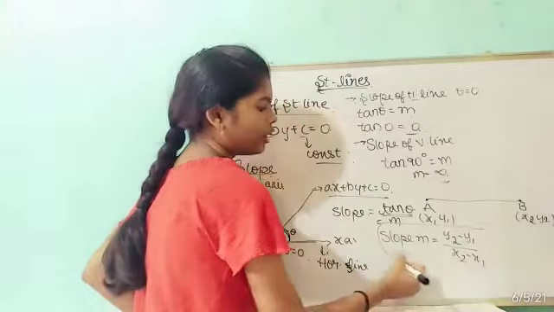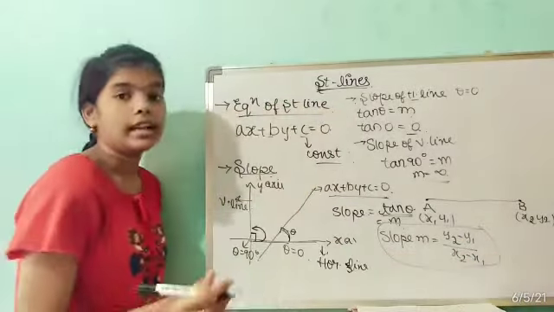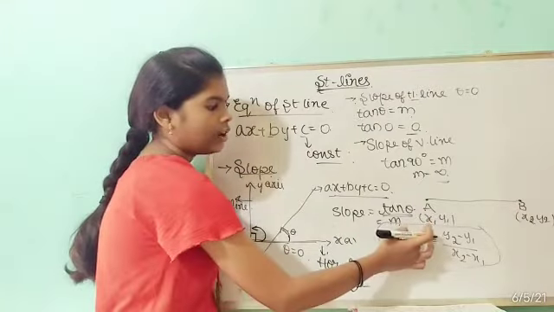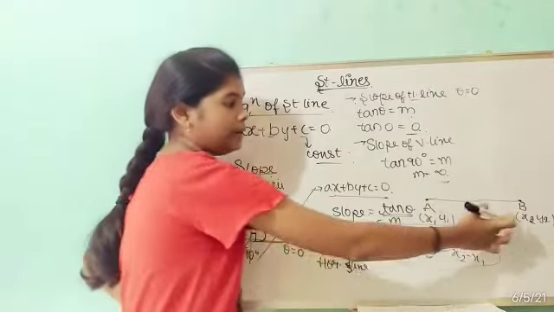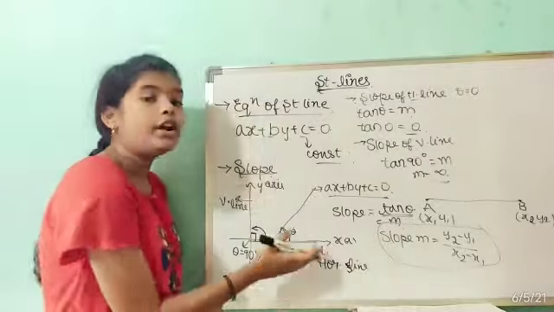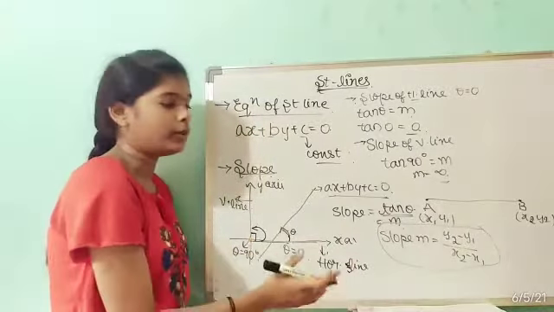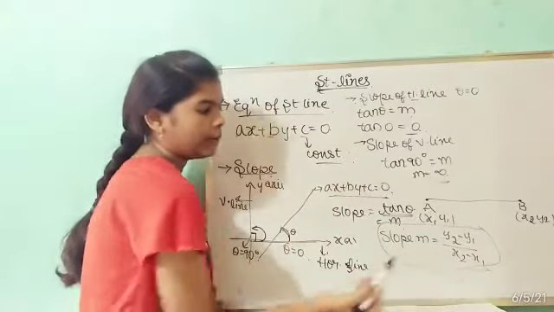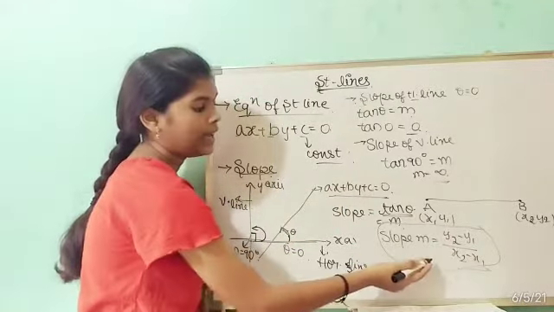This is the formula. Suppose a line is given with points A, which is x1 comma y1, and B, which is x2 comma y2. To find the slope, you have to substitute the given values in the formula y2 minus y1 by x2 minus x1.